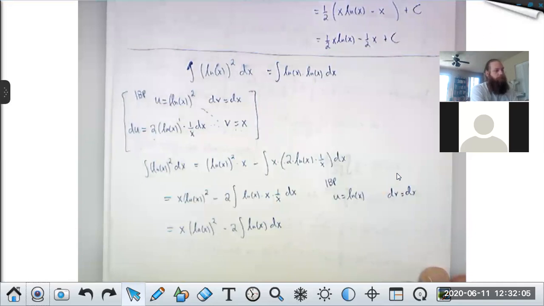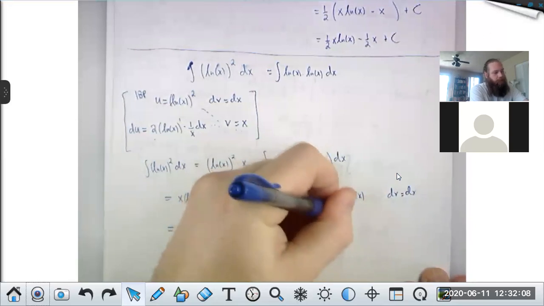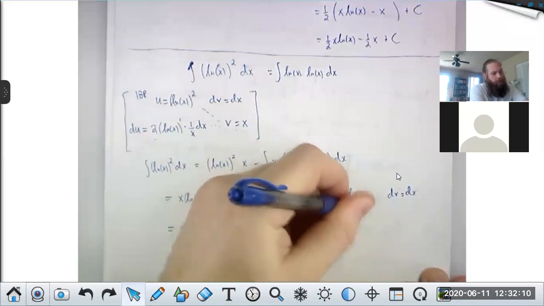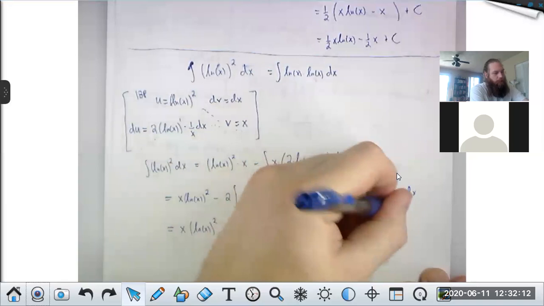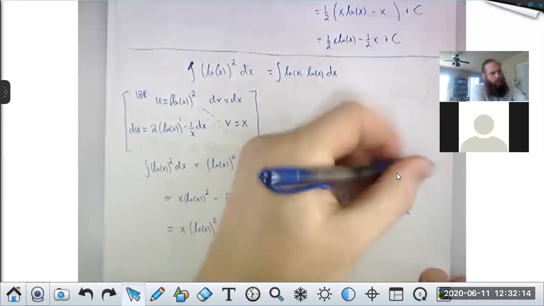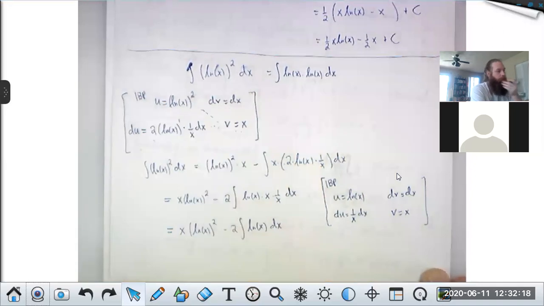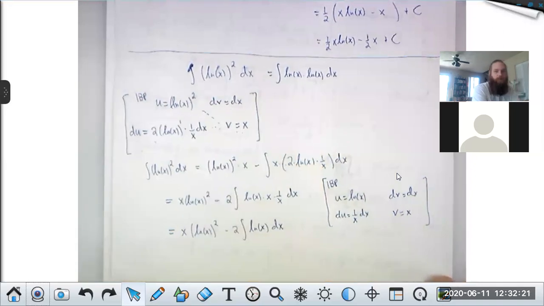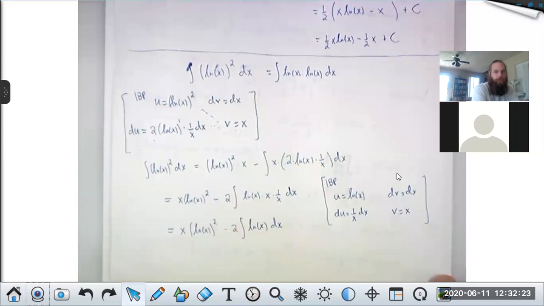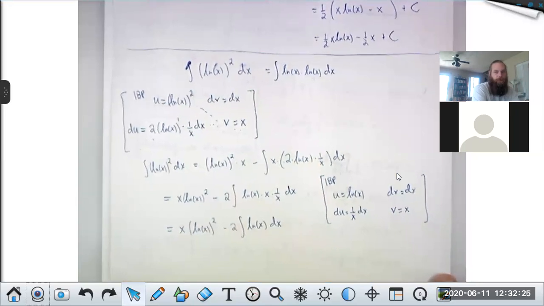Okay. IBP part 2. u equals ln of x. dv equals dx. du equals 1 over x, and then v equals x. Good. And then we run the whole merry-go-round again.